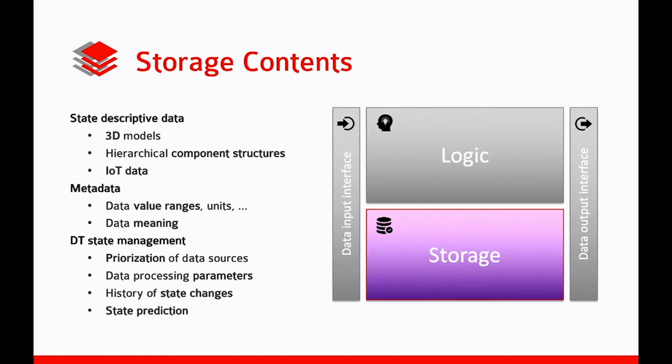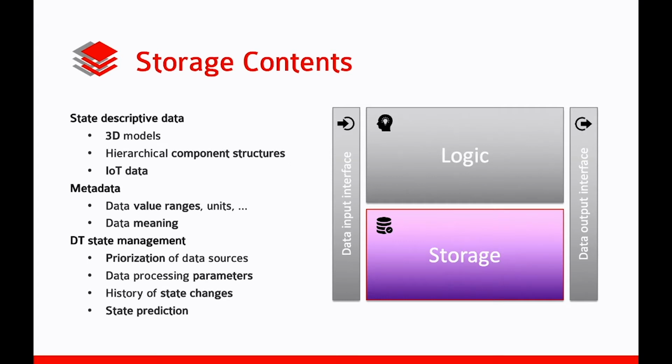Then we may have some metadata of the data ranges that are used, which describes the data within the digital twin core. And we also want to understand the meaning of the data, so we can store that in the storage as well.